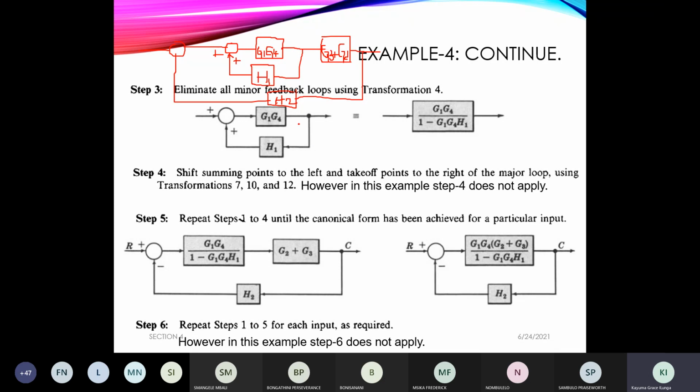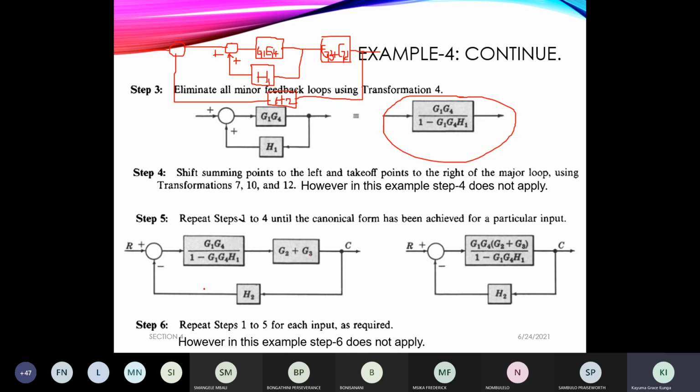That's why they show this feedback here. After they do the feedback, they're going to get this one, then we put it at this place here. So now we have this one and that one, they become in series, so we can do this one times this one.